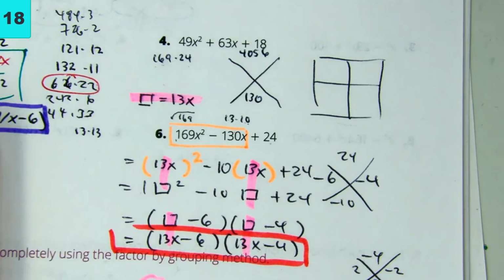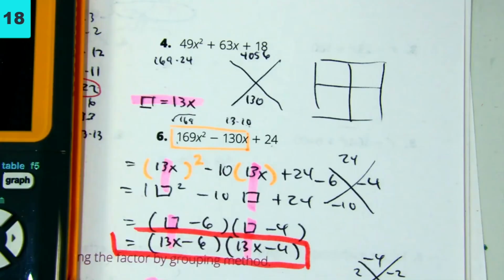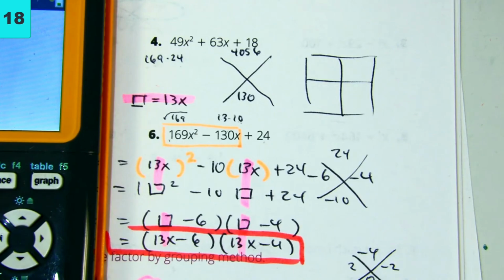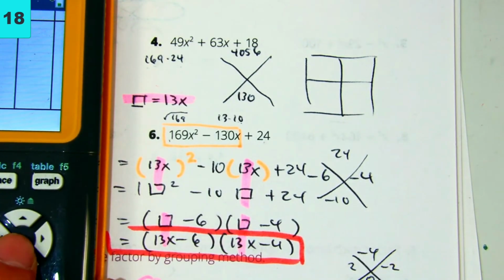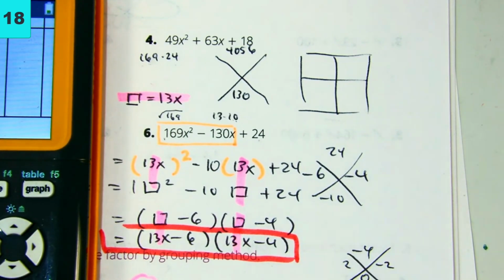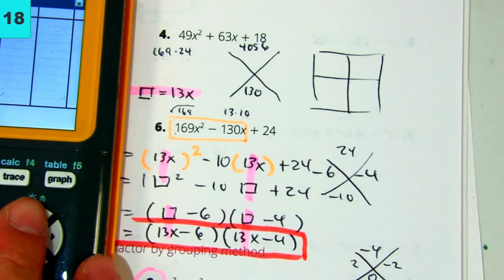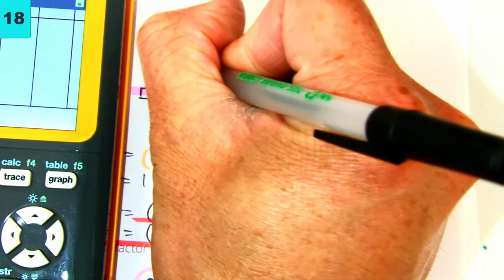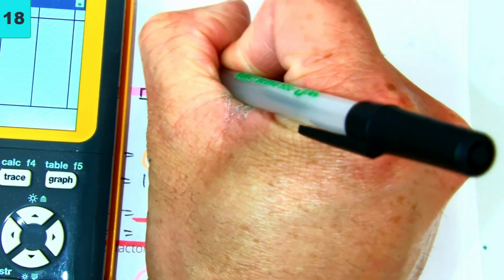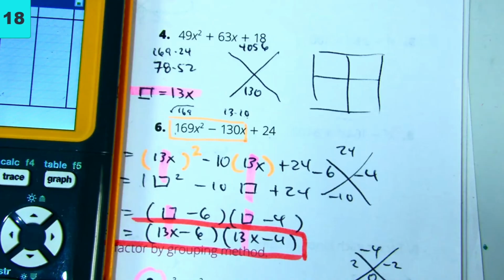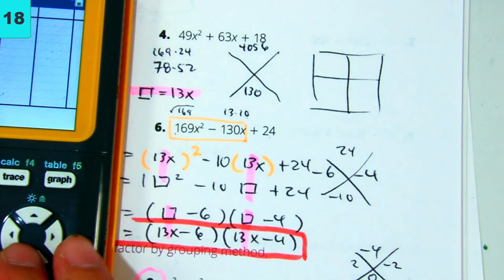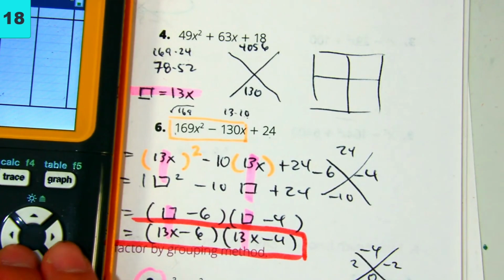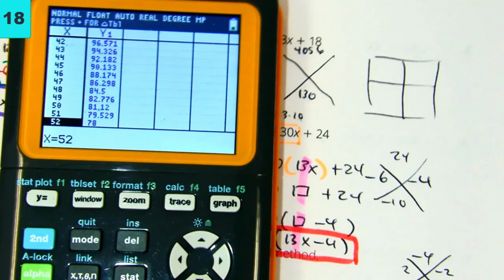Two numbers that multiply to be 4,056, but add to be 130. What number did you find? 78. Is that what you said? And the other number? 52. Looks good. So if I go to 52, mine has 78 on there. Good job, Eric.